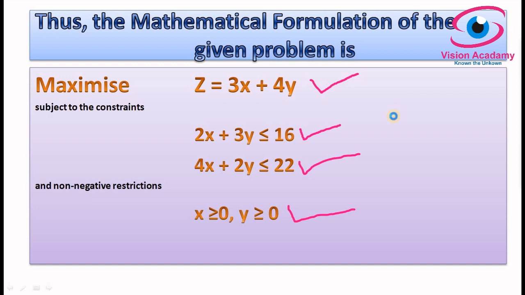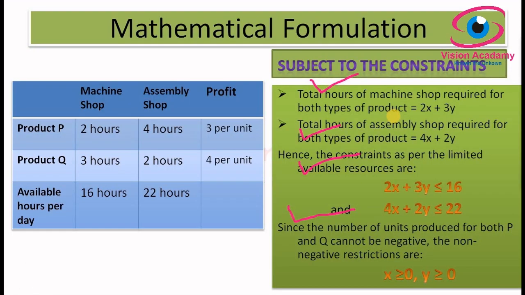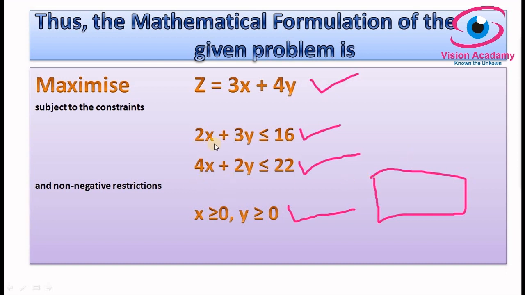Look here, these two are subject to constraints. The same thing I have considered here: 2X plus 3Y less than or equal to 16, 4X plus 2Y less than or equal to 22, that is subject to constraints.